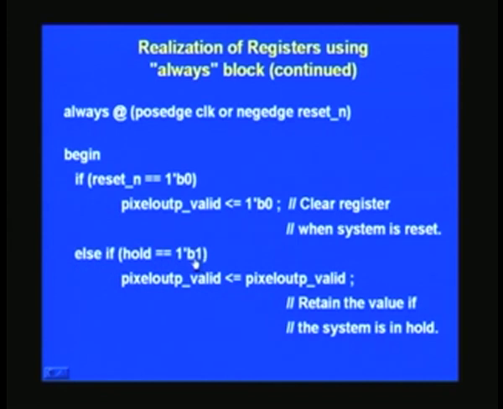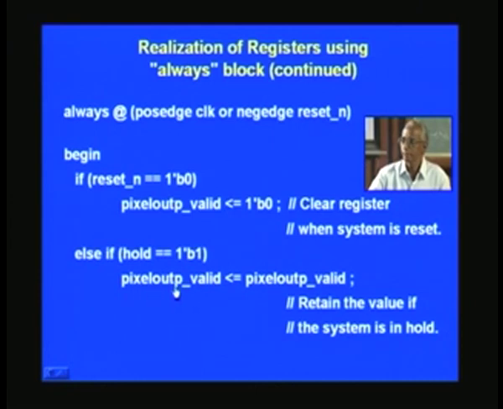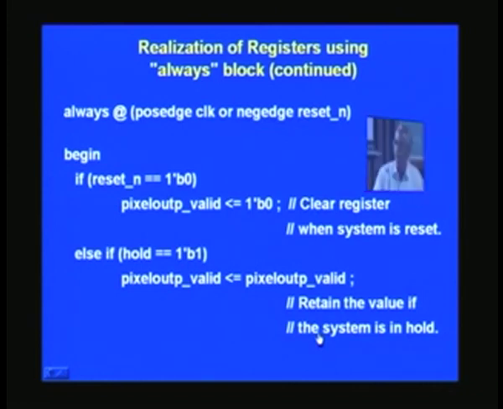So, if hold is 1, when it is asserted, then what we have to do is just hold the previous value. The pixel out p valid is again the same here. So, that means we are writing back its own value. In other words, we are not disturbing the value. So, we have to say do something at every point of time. You can't remain without doing anything. So, you have to retain the value if the system is in hold. Or you can even try removing this statement and find out what the tool reports.